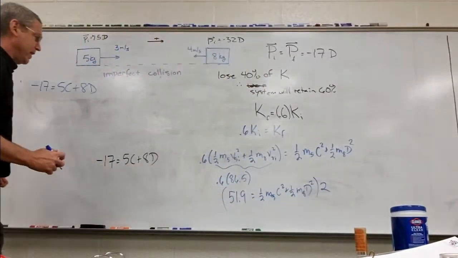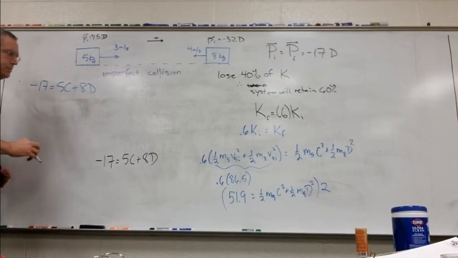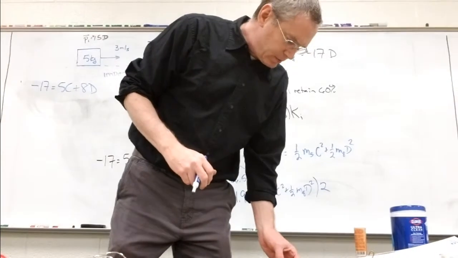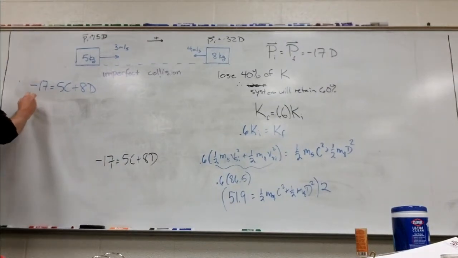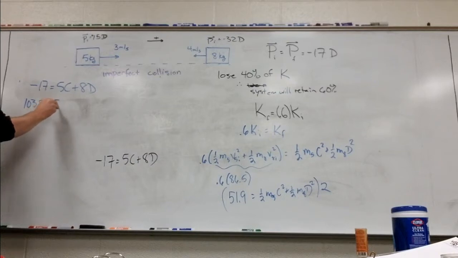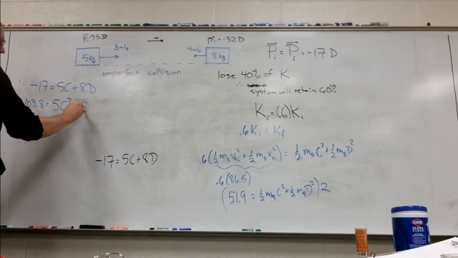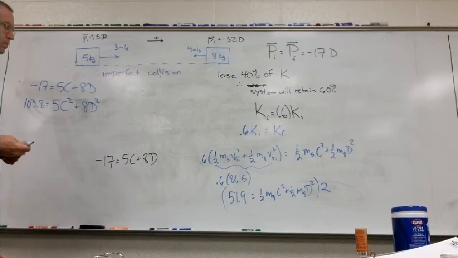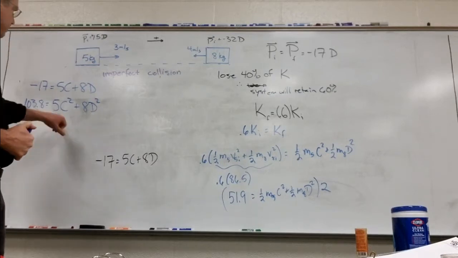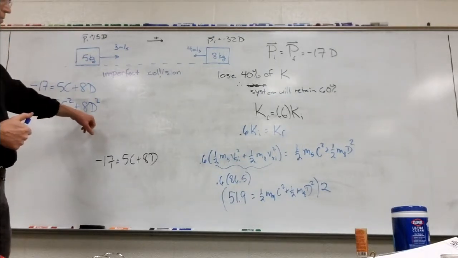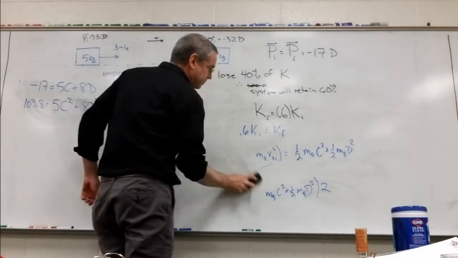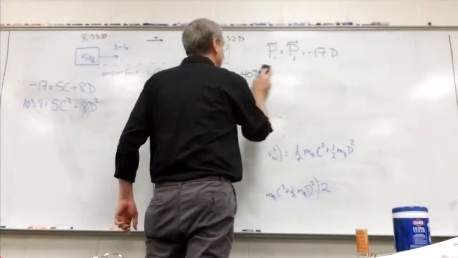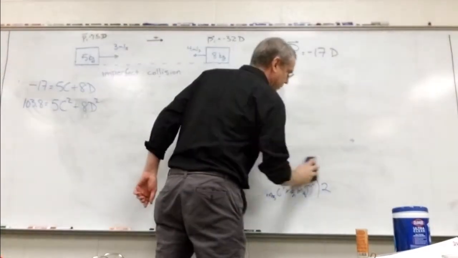And so on the left-hand side, just in case, I do not want to make a careless error here, so 103.8. So I have 103.8 is equal to 5c squared plus 8d squared, 5 being the mass of the 5 kilogram mass and 8 being m sub 8 over there. So we don't need this stuff right here anymore. And I definitely will need room.